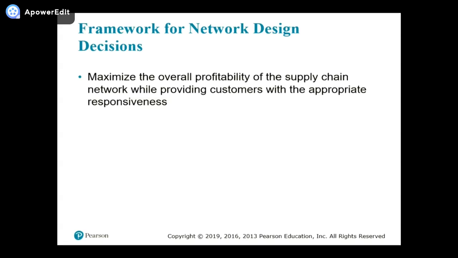So when we make network design decisions or any decisions in a supply chain, our ultimate goal is, of course, to maximize the profitability of the supply chain. And that is done by matching our competitive strategy with the appropriate supply chain strategy. So we need to find the appropriate responsiveness that's embedded in a network structure.